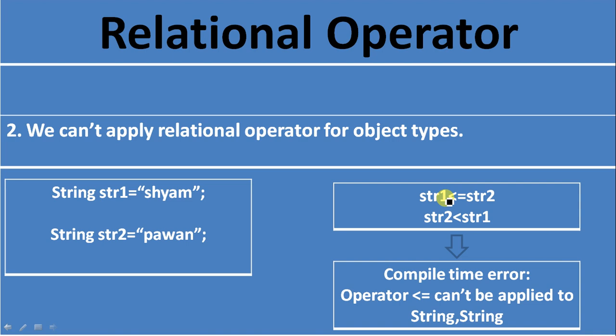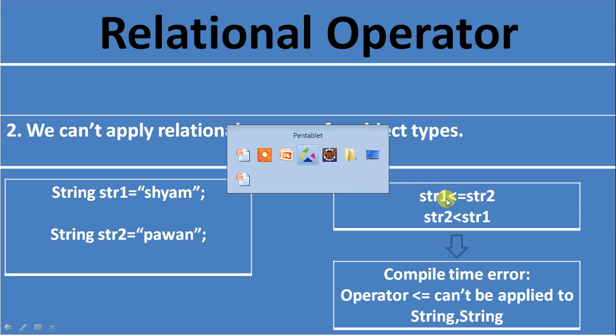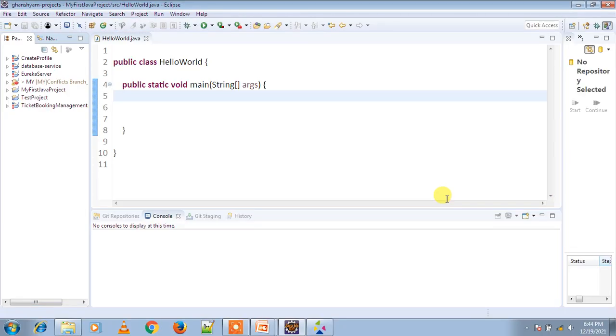Okay, so let me show you on Eclipse IDE. We have already created our first Java project in my video where we learn how to install Eclipse IDE. So this is our project.